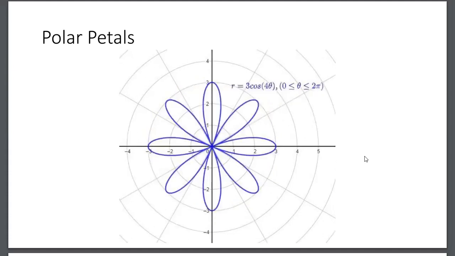Here we have an equation that produces polar petals. The equation is r equals 3 times the cosine of 4 theta, where theta varies between 0 and 1 revolution around the polar plane. And these are all the points that make that equation true.